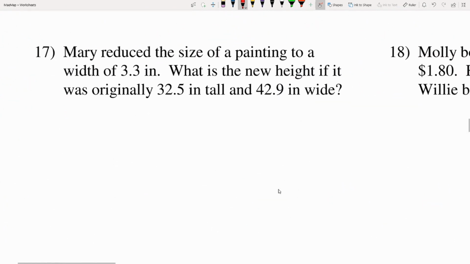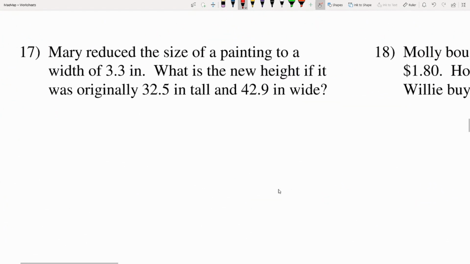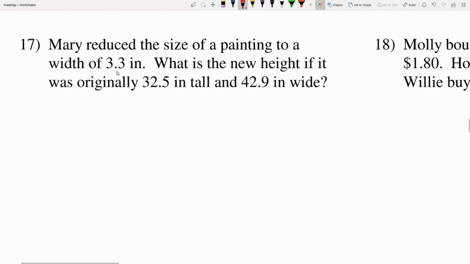In number 17, Mary reduced the size of a painting to a width of 3.3 inches. So we have a width of 3.3 inches. What is the new height? So that's the new width. What is the new height if it was originally 32.5 inches tall and 42.9 inches wide?